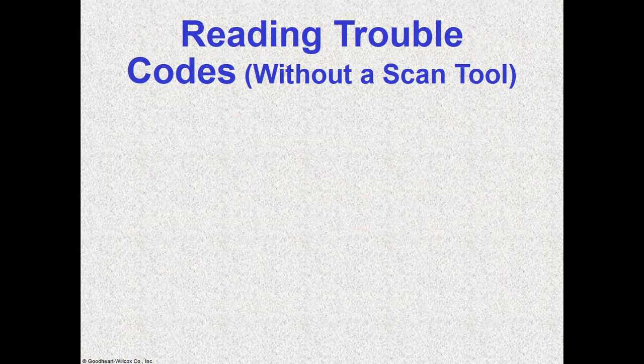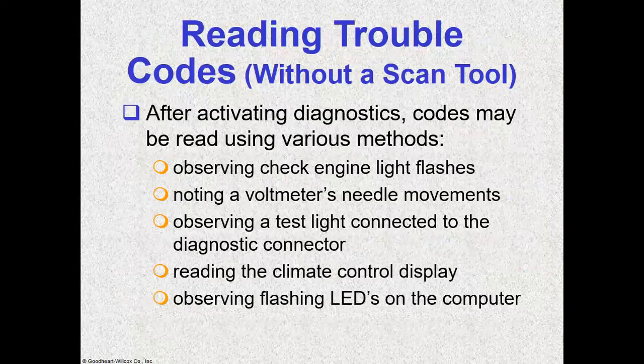Reading trouble codes without a scan tool: after activating diagnostics, codes may be read using various methods. Observing check engine light flashes, noting a voltmeter's needle movement, observing a test light connected to the diagnostic connector, reading the climate control display, or observing a flashing LED on the computer.